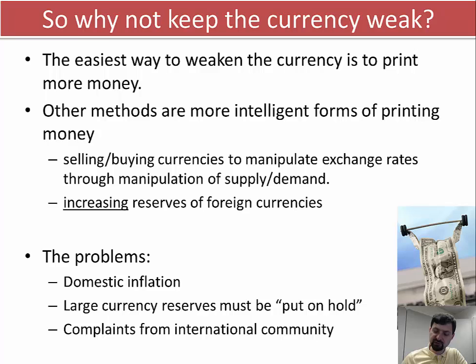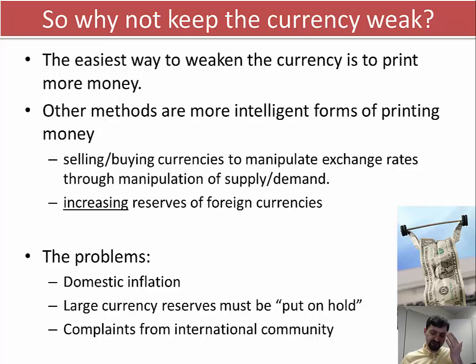And it turns out that you don't really have many instruments. One of them would be to print more currency. It will lose in value and it will make it easier for foreigners to buy your products, which kind of makes sense, but then inflation kicks in. And usually the problems associated with inflation are much greater than the problems associated with imports and exports. And so you can't really print currency.